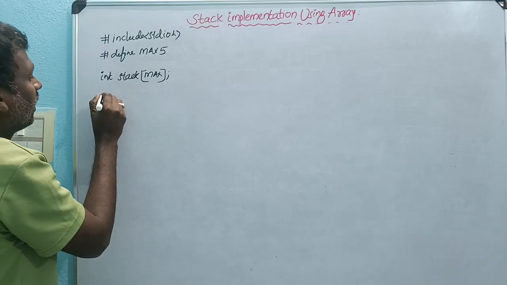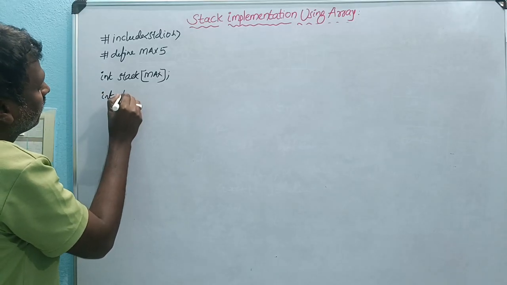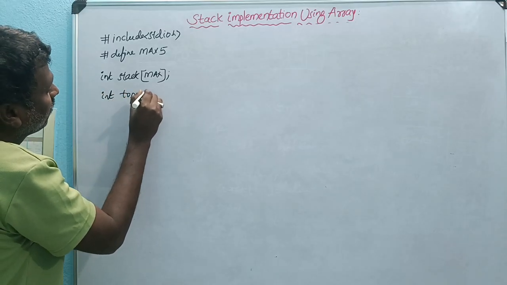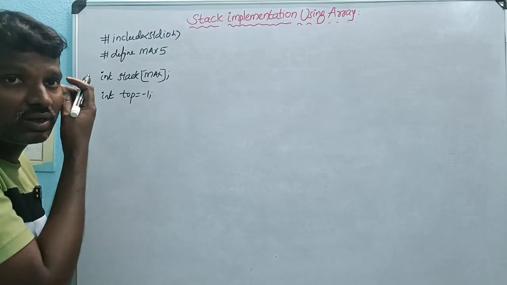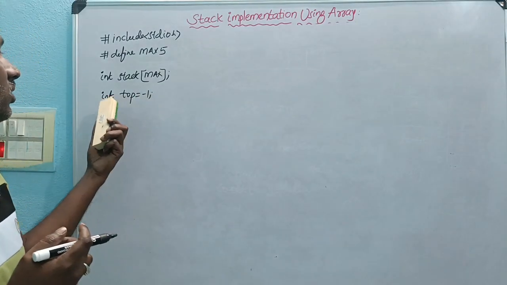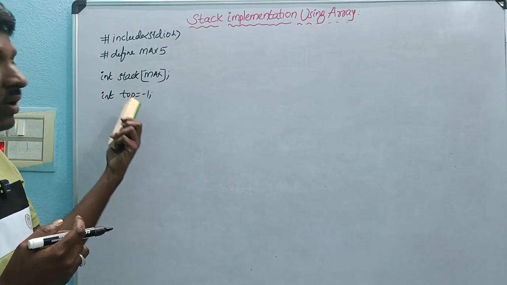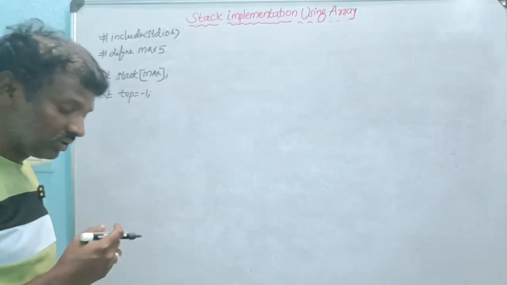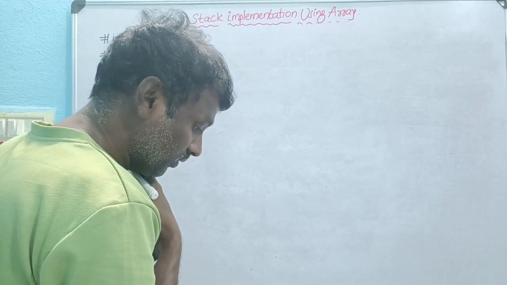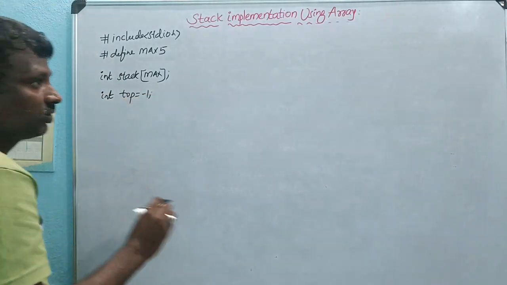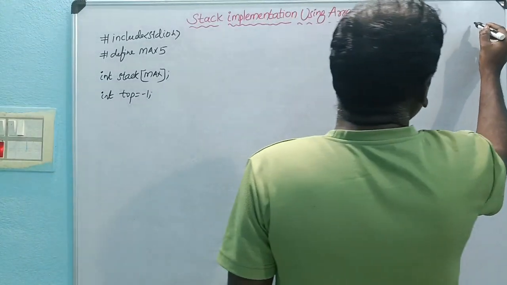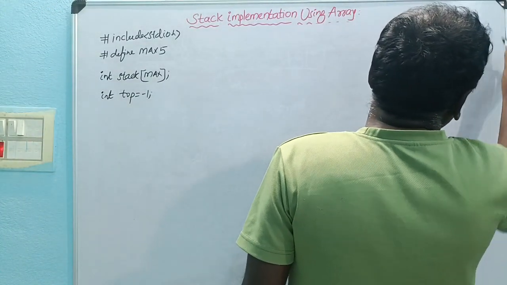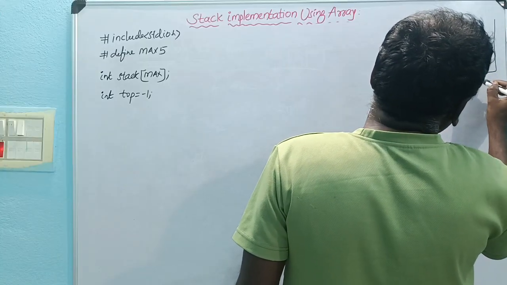Now int top equal to -1, so we take an empty stack, because the statement top equal to -1 means the stack is empty. This is the empty stack.